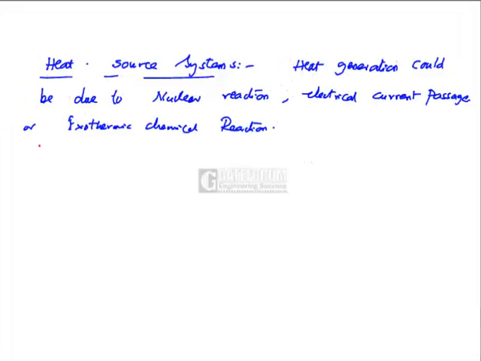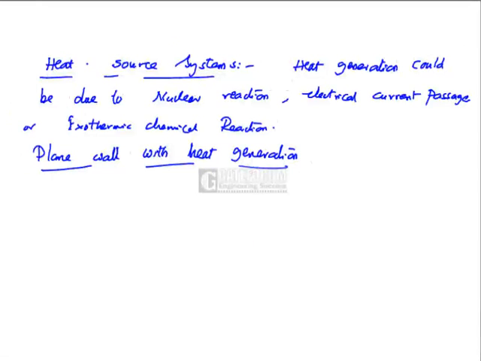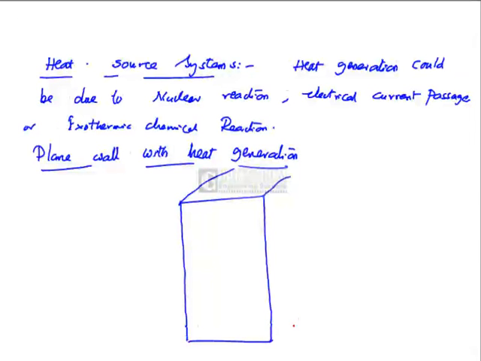Now I shall consider a plain wall with the heat generation or heat source. Now I shall consider a wall, the length is L and L. The central axis is x is equal to 0.